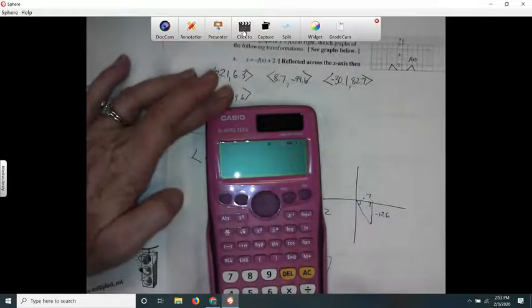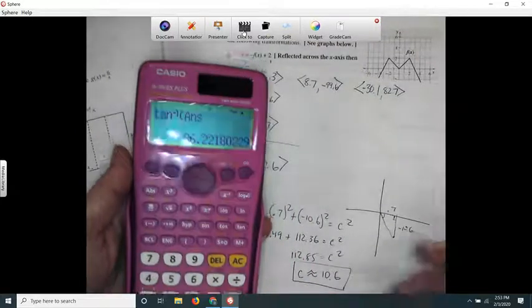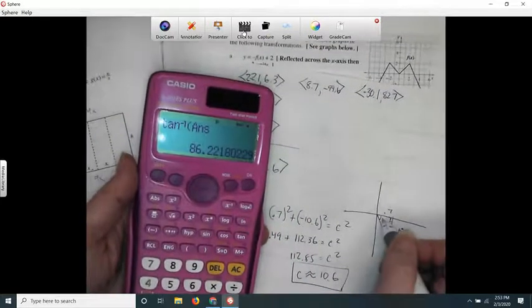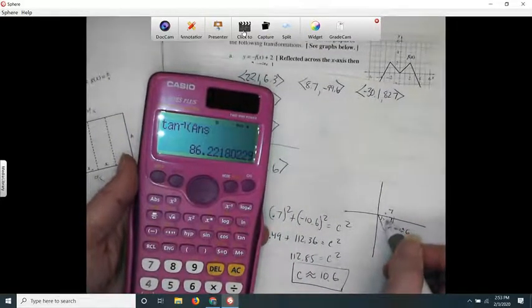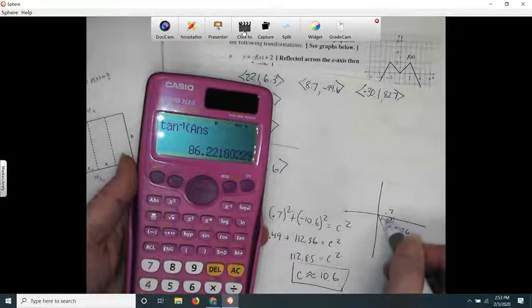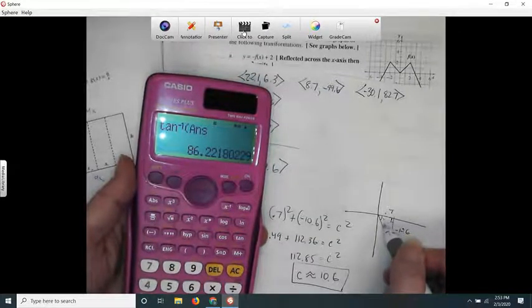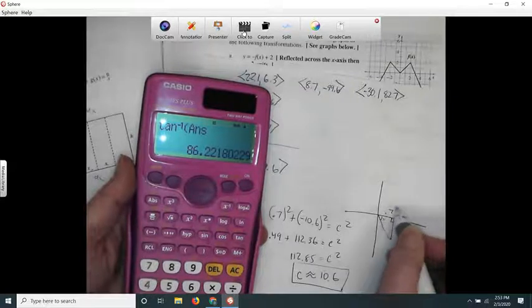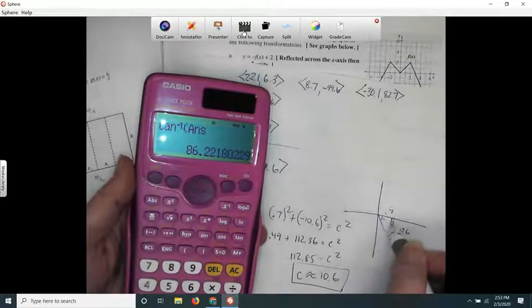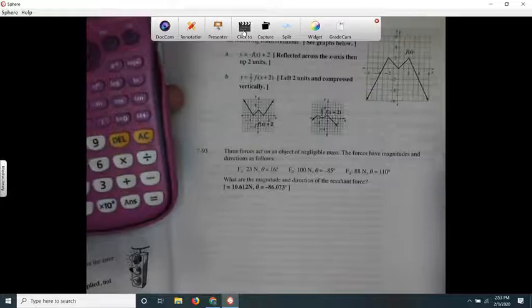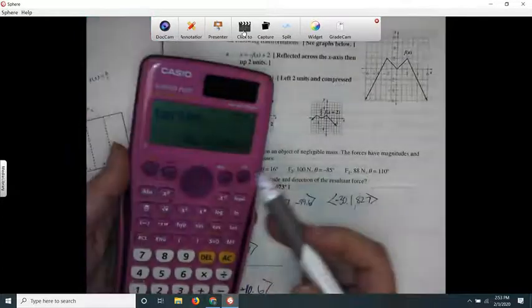I got 86 degrees, so it's negative 86 degrees, or it could be 360 minus 86. Oh, they just left theirs as negative 86. So I'm going to leave mine the same way.